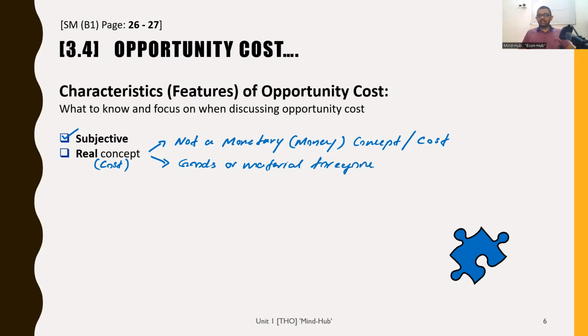Is that clear, my intelligent students? So opportunity cost is a real concept. It's not about the money that is involved there. It's not about the money you are going to spend on the next best alternative.